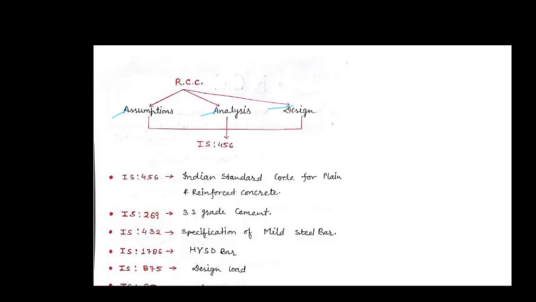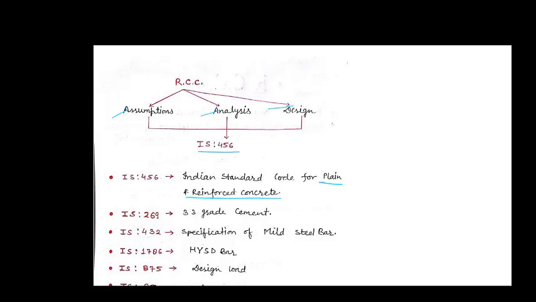Okay, so this is a design subject, so we have to make certain assumptions depending upon the method which we are adopting. Okay, in IS 456, it is for plain and reinforced concrete. All the things which will be included in plain and reinforced concrete will be under IS 456.